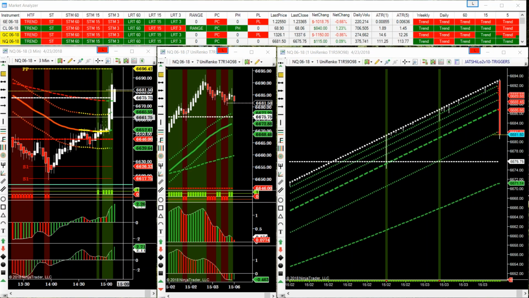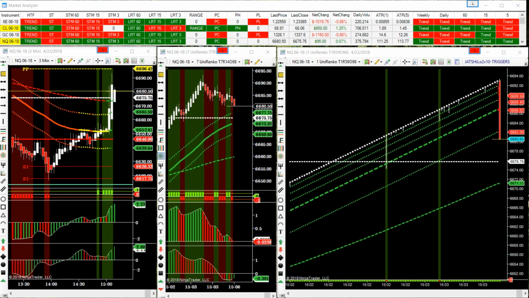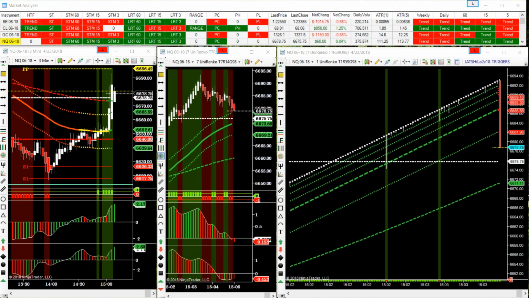So that's going to lift, I think, the market tomorrow ahead of the Facebook and Amazon report. So we got the Google report. Markets are closed, so I'm not going to be trading this.